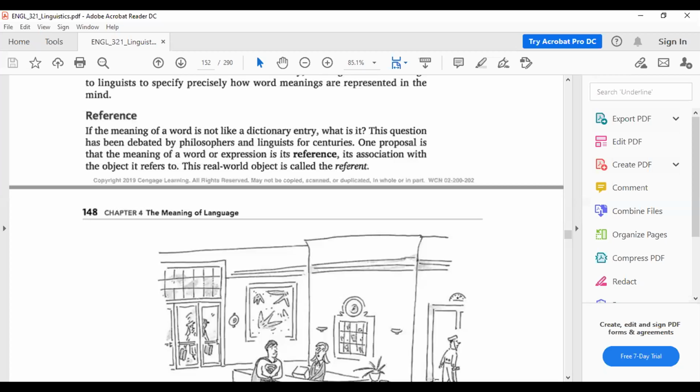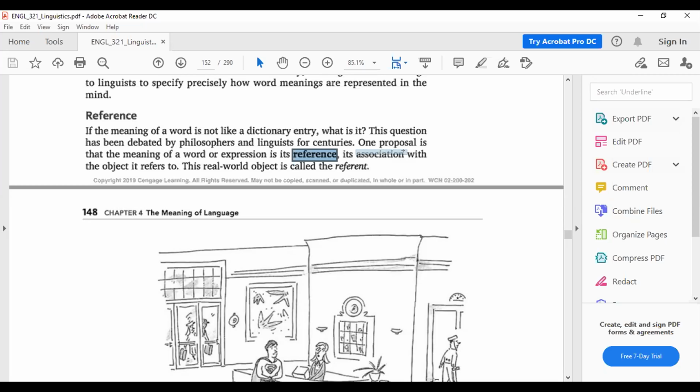So the referent of the table is different from the referent of the chair, because table and chair are two different words, and they have two different referents. So reference is what? The association of the word with the object it refers to. Not the object itself, the association.